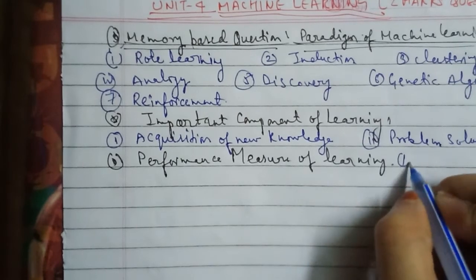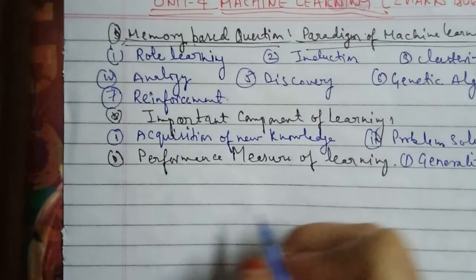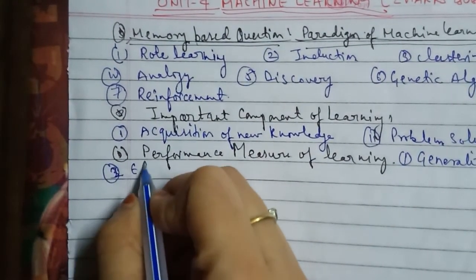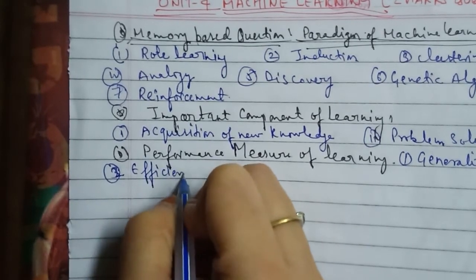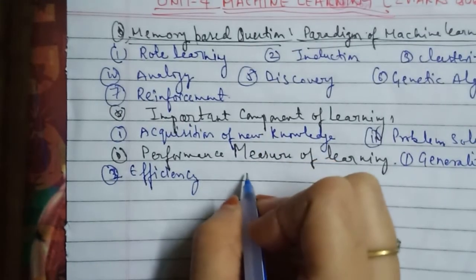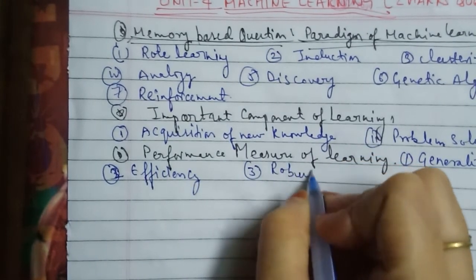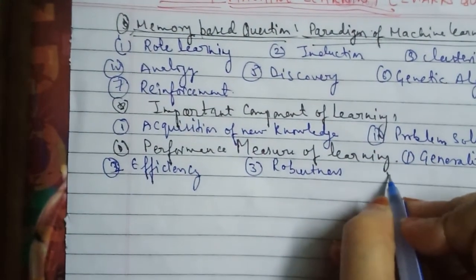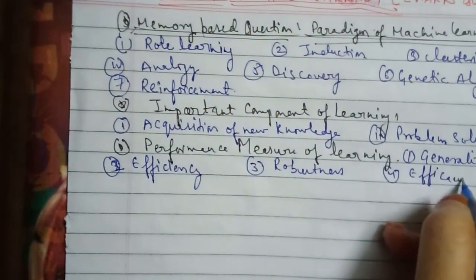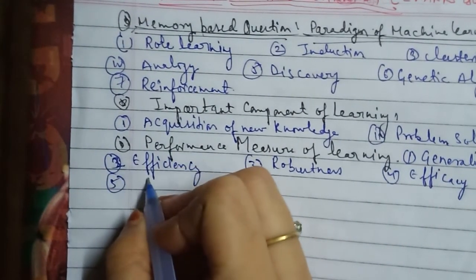The first we have is generality. The second is efficiency. The third is robustness. The fourth is efficacy. And the fifth is ease of implementation.